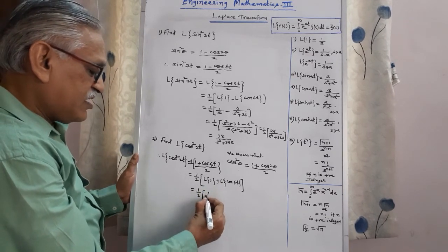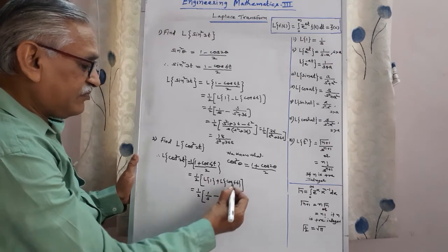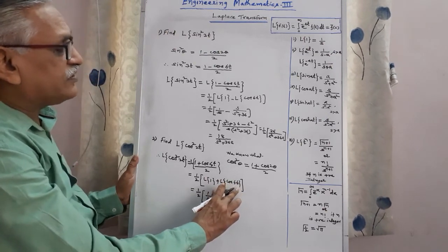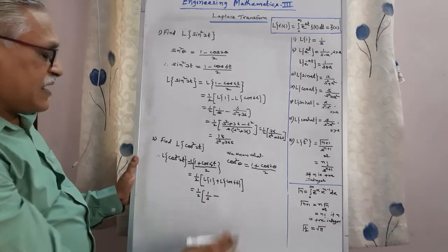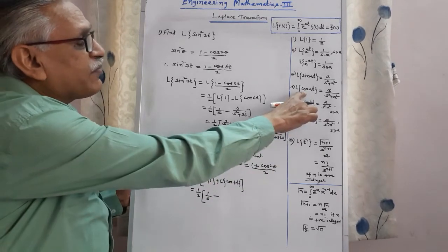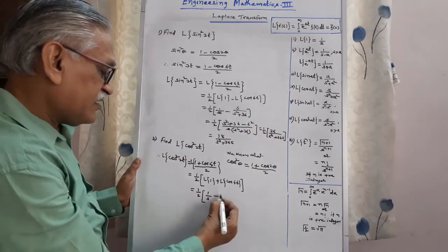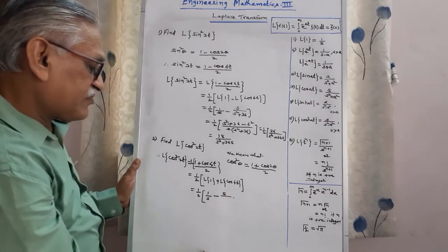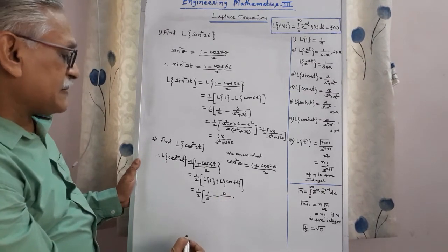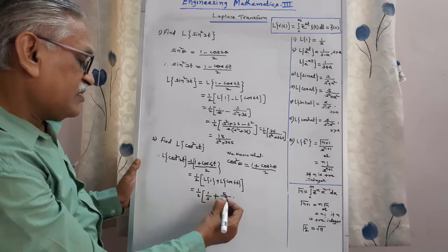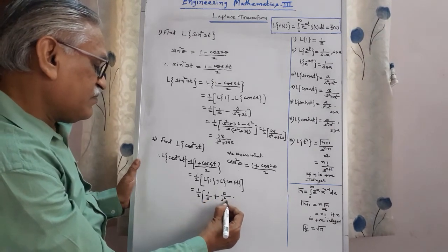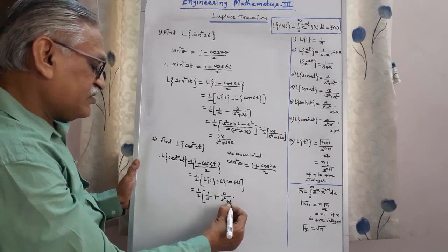Laplace of 1, again 1 by s, Laplace of cos 4t, again applying the same, it is s upon s square plus a square, 4 square is 16.